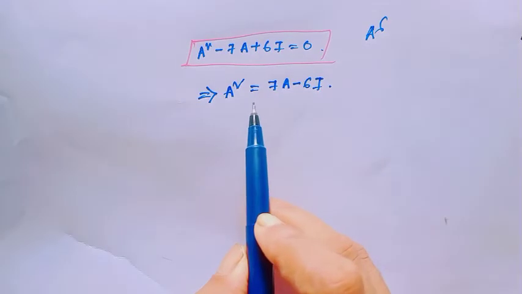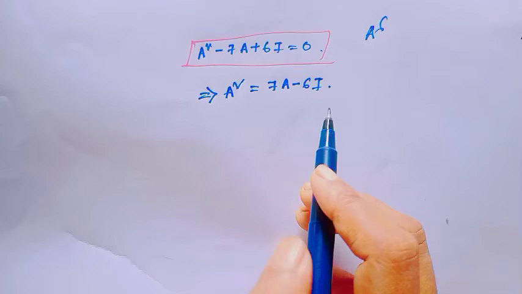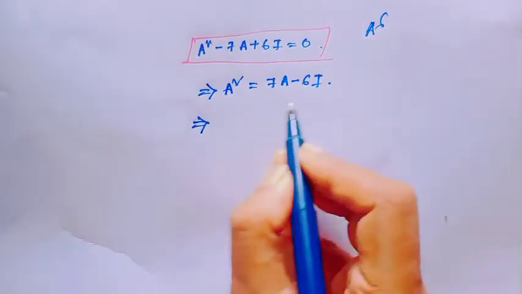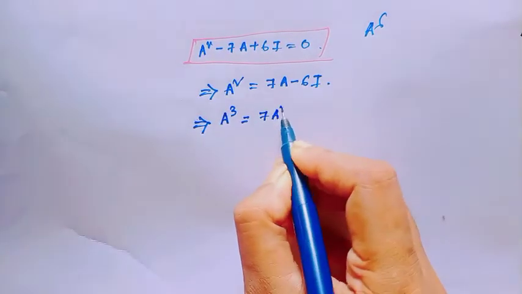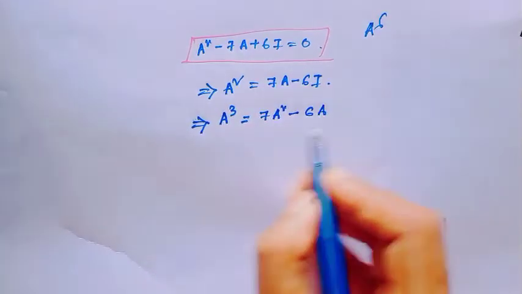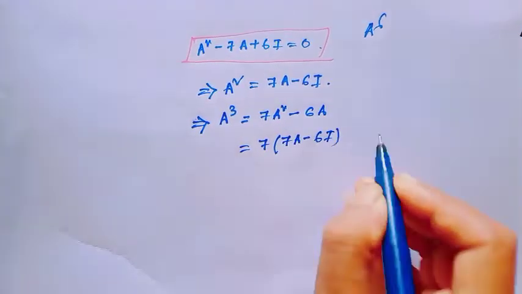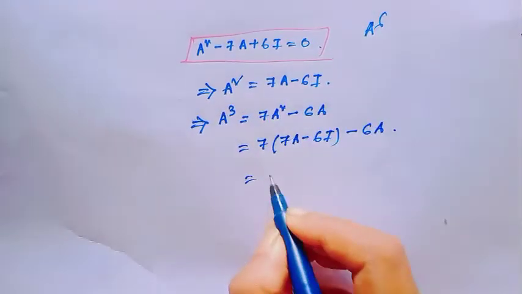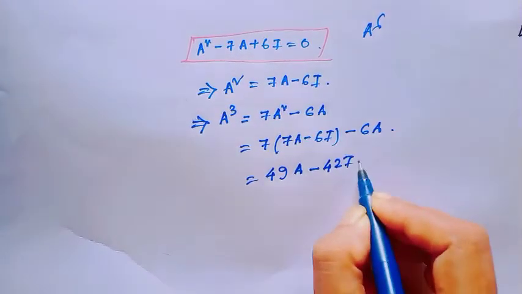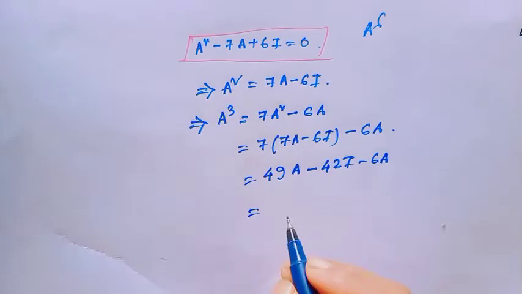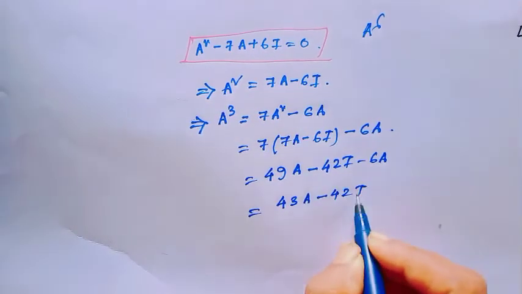From this expression we can tell, obviously, A square equal to 7A minus 6I. If we multiply this equation by A, then A cube would be 7A square minus 6A. Now put the value of A square, then this would be 7 times 7A minus 6I minus 6A, which is equal to 49A minus 42I minus 6A, which is equal to 43A minus 42I.